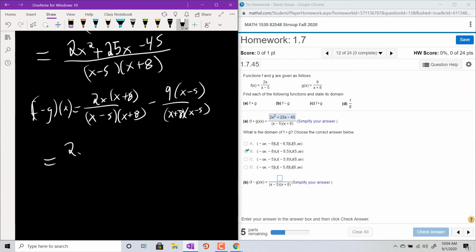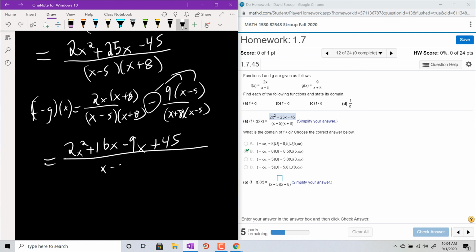That will be 2x squared plus 16x. You can distribute here, but you have to be careful. You have to bring the negative along for the ride. So minus 9x plus 45 over x minus 5 times x plus 8. We get 2x squared this time plus 7x plus 45 for our numerator.